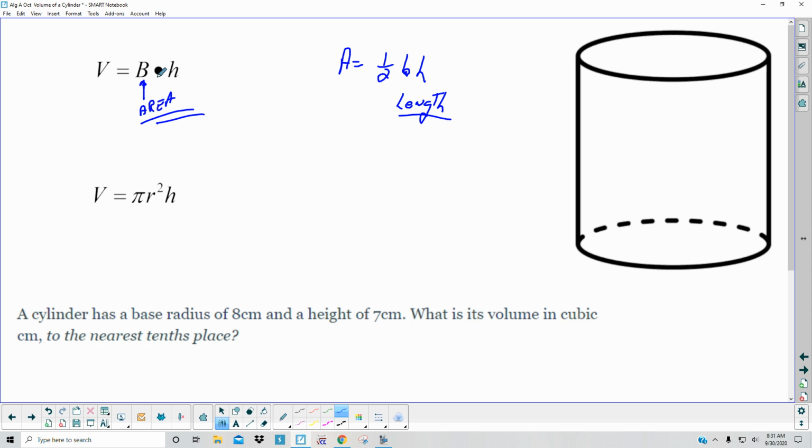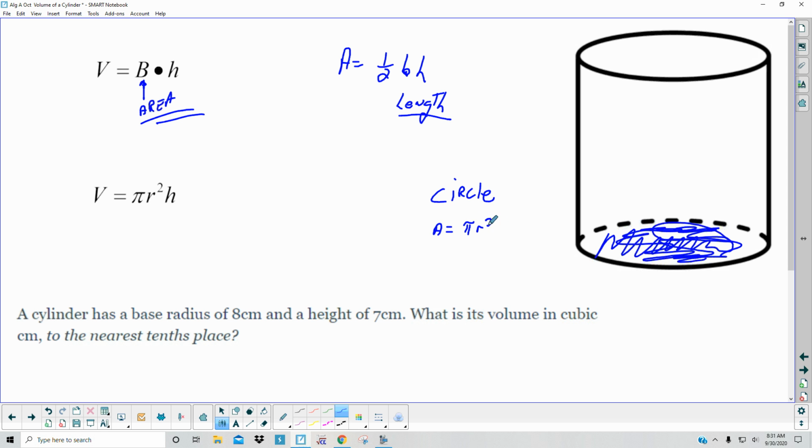So what do I do with this? Well, come over to a cylinder. This is the base. And the base is what shape? The shape of the base is a circle. And I said this uppercase B conveys an area. How do you find the area of a circle? Pi r squared.